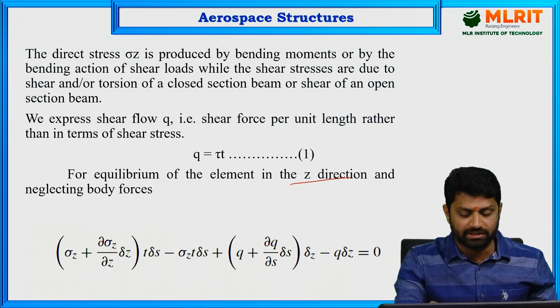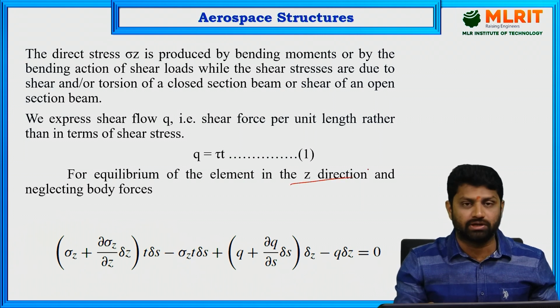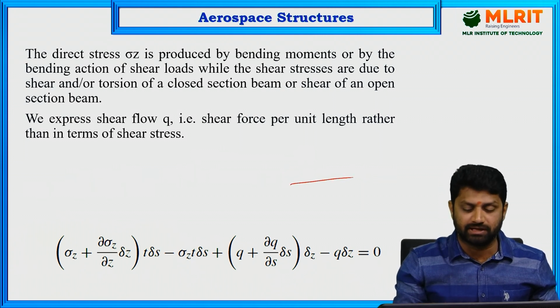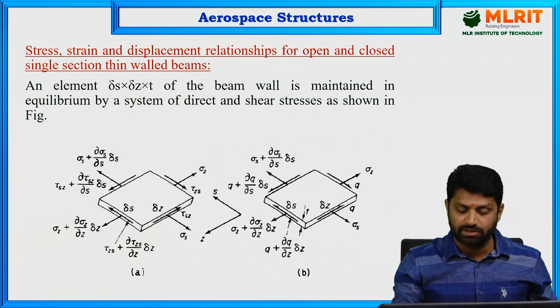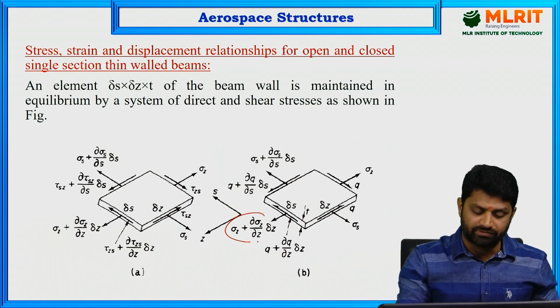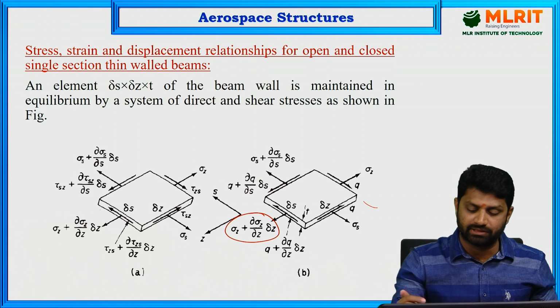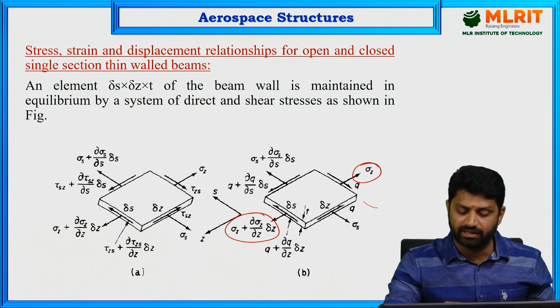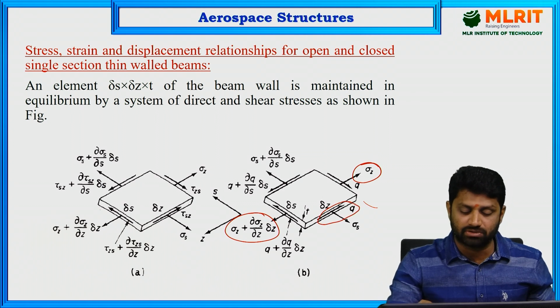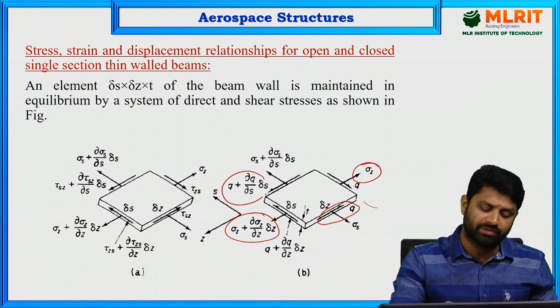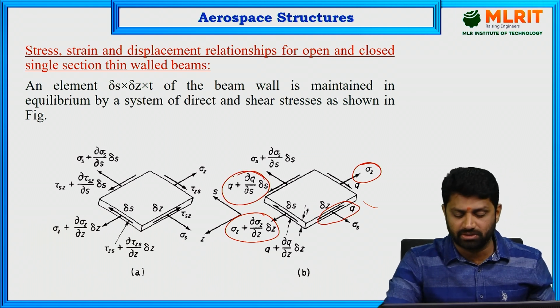You are considering the Z direction. Now look at the forces that are there in the Z direction. Just go back and see the forces. In the Z direction, you have sigma Z increment in Z direction, you have sigma Z in Z direction, and also you can see this Q is acting parallel to the Z direction, and this Q increment is also parallel to the Z direction.